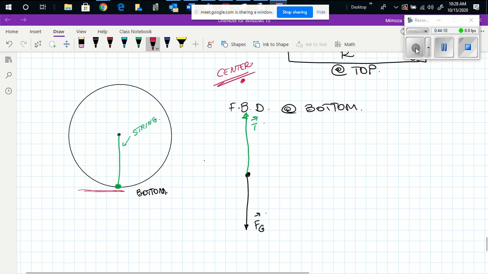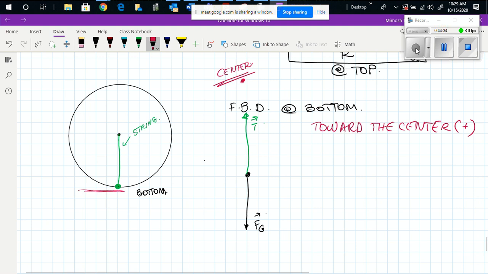So now we said that going toward the center is always positive because everything is happening toward the center. The centripetal force is toward the center, force net toward the center, acceleration toward the center.